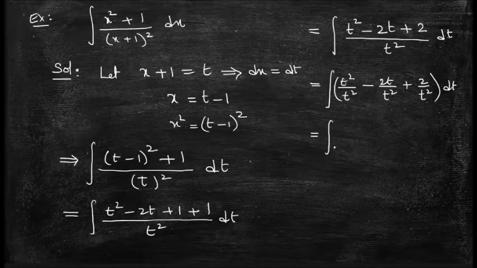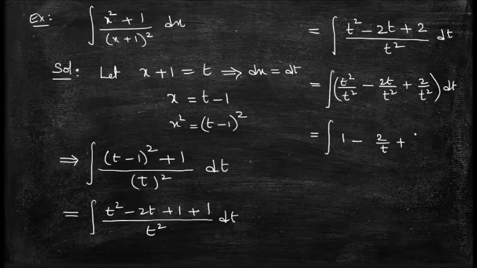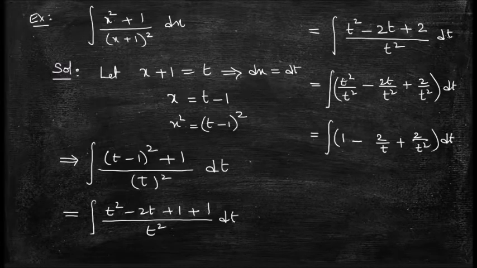Integration of this is 1 minus 2 by t plus 2 by t square dt. I am doing the direct integration for you.